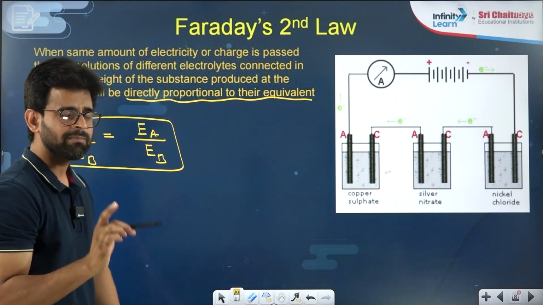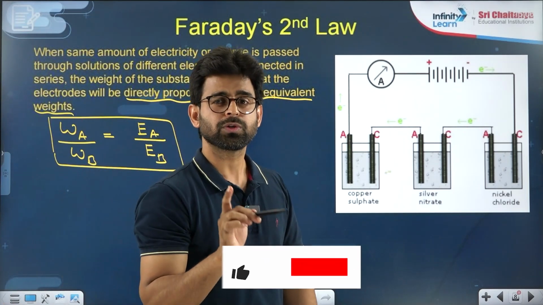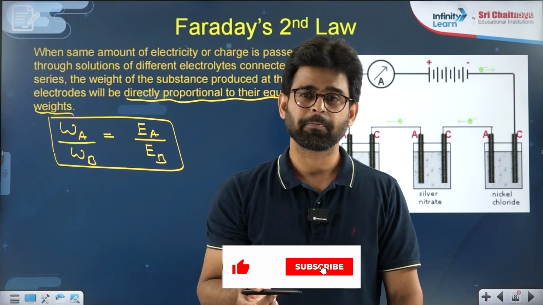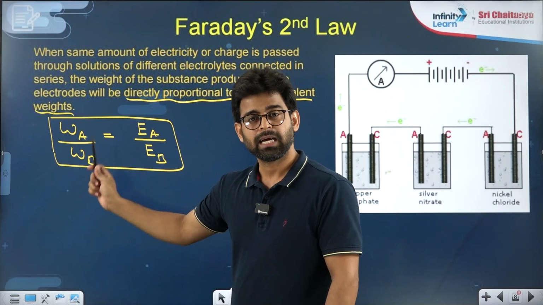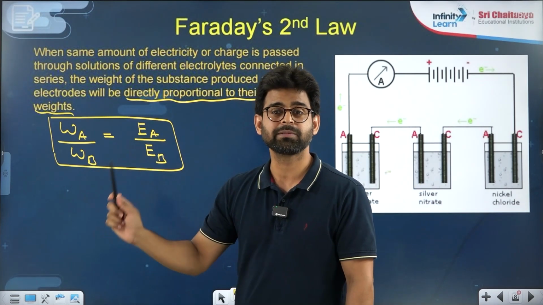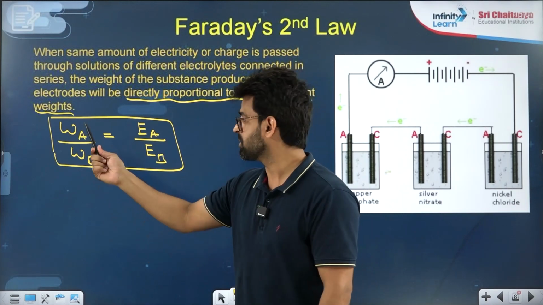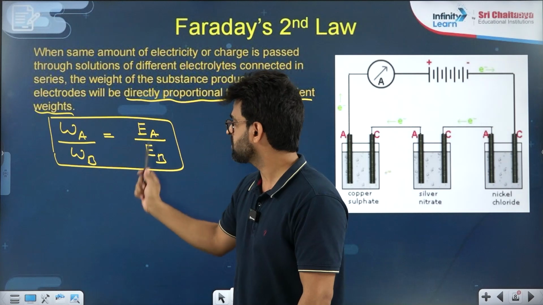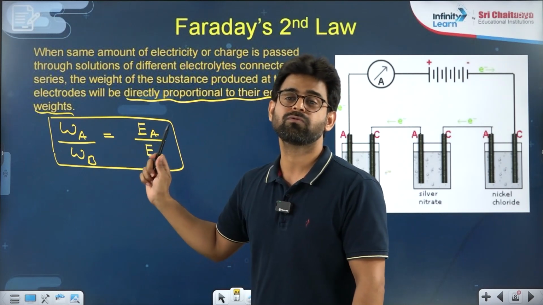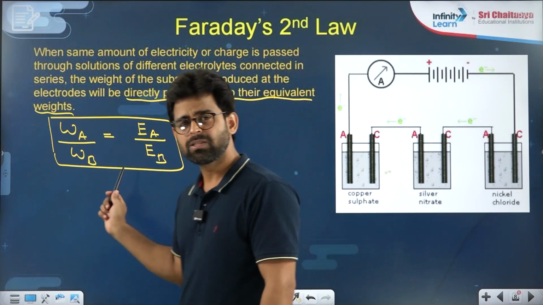If I am passing the same charge through two different cells, so the weight deposited of A and weight deposited of B. I'm saying once again, I'm passing the same charge. Same charge is depositing this weight and same charge is depositing this weight. So their ratio is what? Equivalent weights of both the things. Okay, clear? This law we have to use.